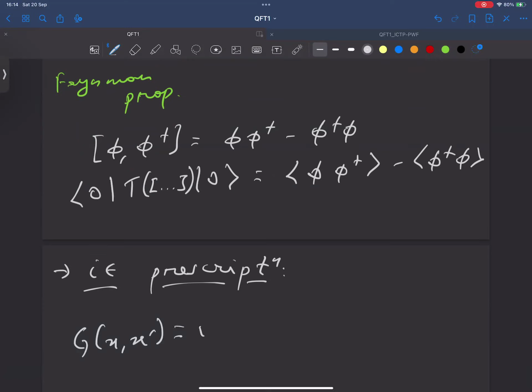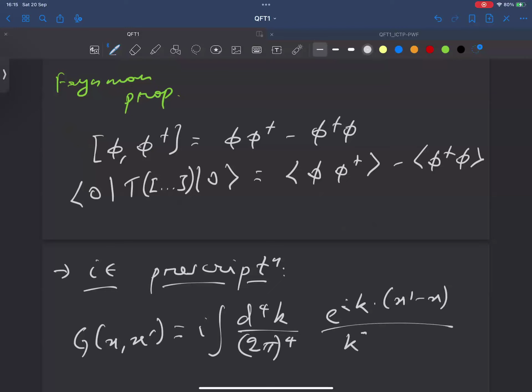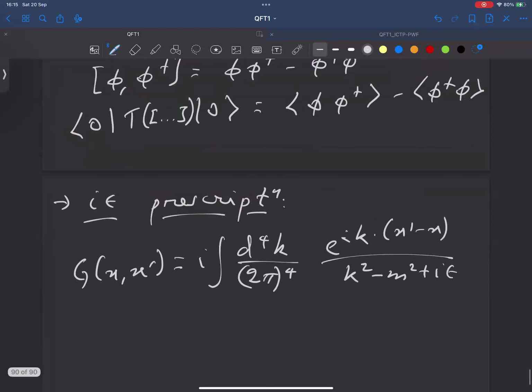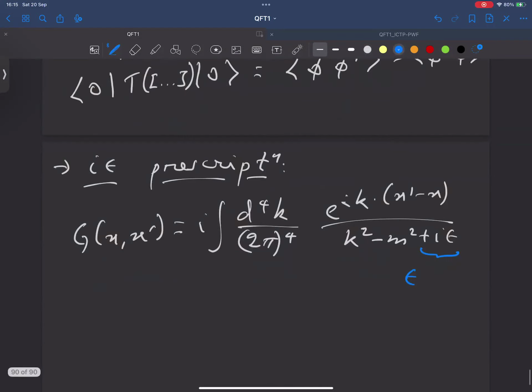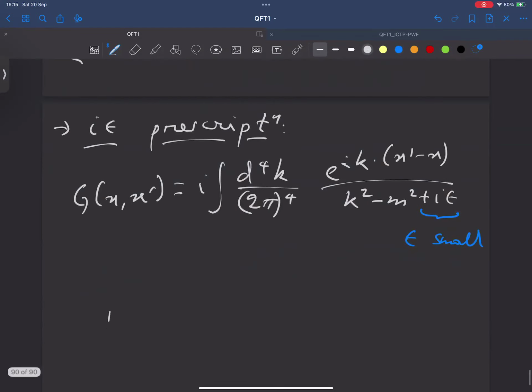So this is what people mean by the i epsilon prescription, and we will see why it's useful. So we had this integral. This is exactly that, but now we add a term where epsilon is a very small parameter.